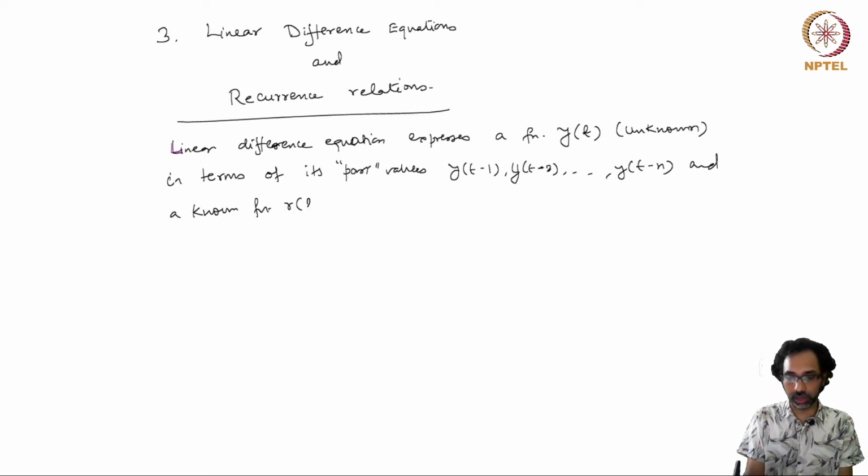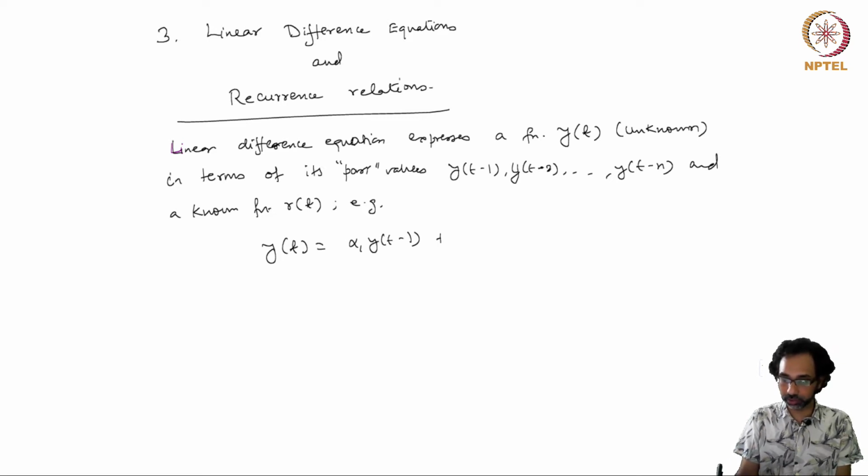let's call it r(t). So for example, we can have y(t) equal to alpha_1 y(t-1) plus alpha_2 y(t-2) plus ... alpha_n y(t-n) plus r(t).